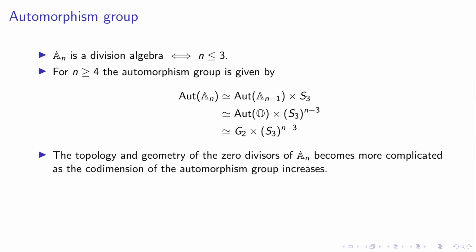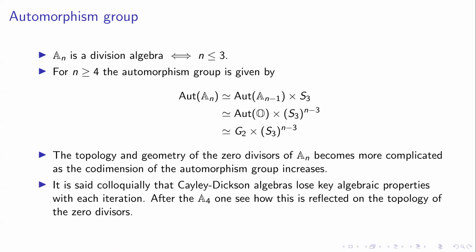So, automorphisms leave the zero divisors invariant, and the topology and the geometry of the zero divisors become more complicated as the codimension of the automorphism group increases.